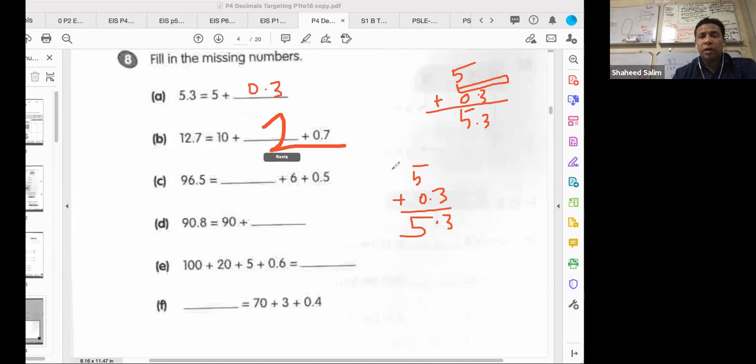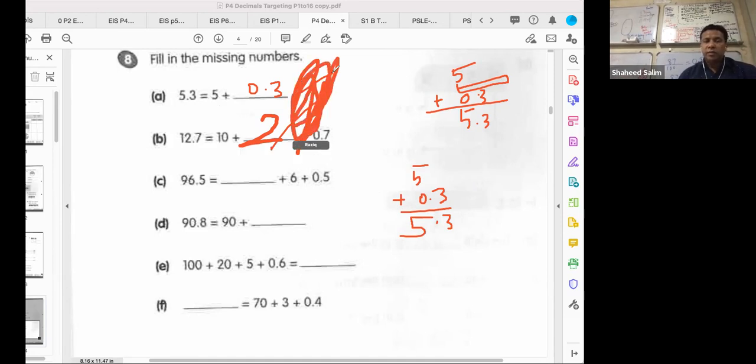Okay, you got it. Correct. Well done. 2 is correct. Next one. Okay, correct. C. What was C? 2 is correct, not 20, yeah? Not 20. 2 is correct.